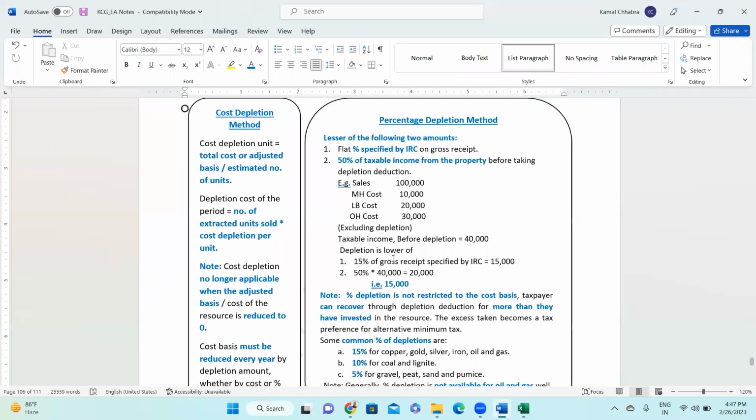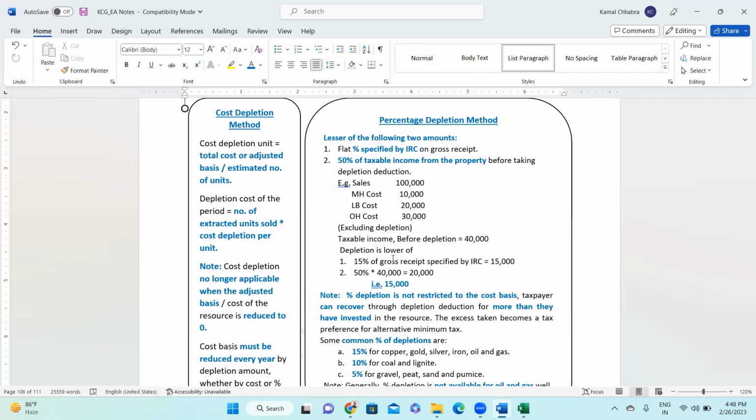Percentage depletion method. Here, the lesser of the following two amounts you need to consider as the depletion expense. First one is the percentage specified by the Internal Revenue Code, IRC, on a gross receipt basis. There are certain percentages defined in the IRC.